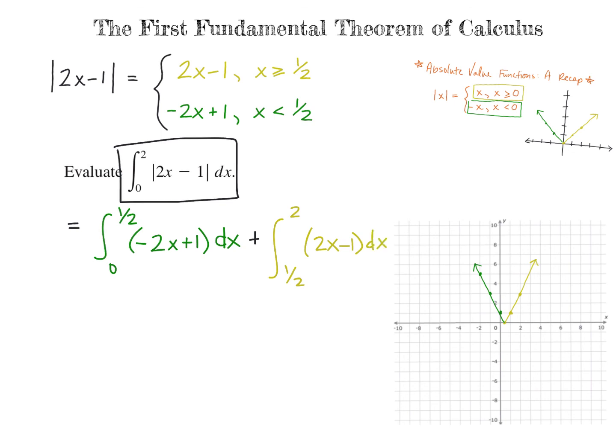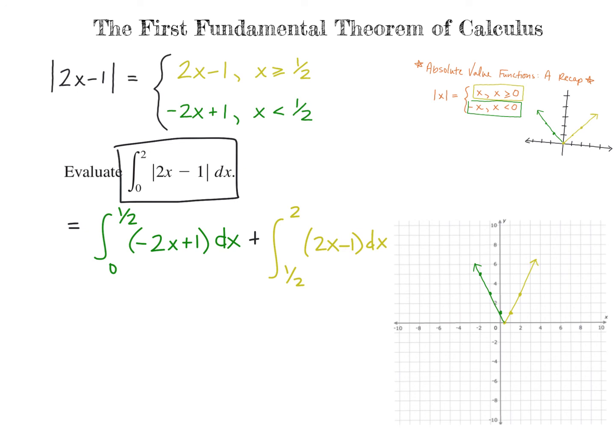Now, we did need to know how to split it up like this because we cannot take the antiderivative of this piece originally with the absolute value. We had to understand that absolute value is two separate linear functions and where they split. Now, we could have found that without this if we just graphed it on Desmos or our graphing calculator, but we still had to get that graph in order to understand this piece right here and splitting it up into two separate integrals.